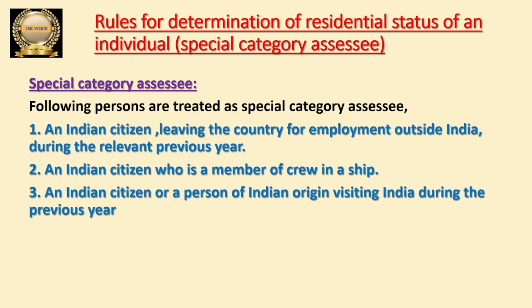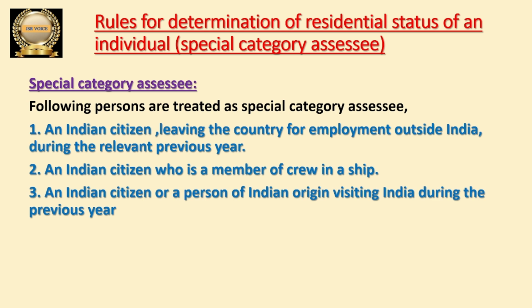First of all, whom can we treat as special category? Here I have given a list of 3 persons who are going to be treated as special category assessees. Who are those 3? I will read the points.